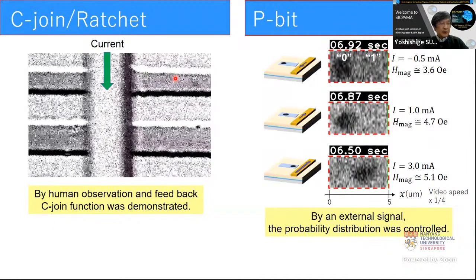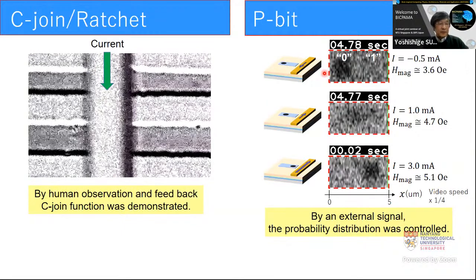On the right-hand side, now you may see the Skyrmion in a rectangular box. The left-hand side of the box corresponds to 0, and the right-hand side to 1. Why does it not move? Sorry. It should move also, but it doesn't work. Under the zero current, the Skyrmion fluctuates between 0 and 1.